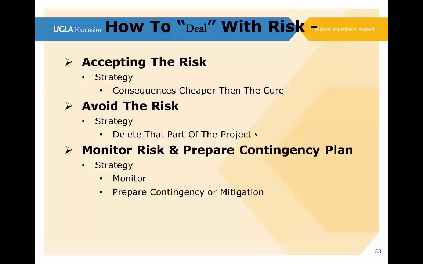We'll monitor it, and then we'll also prepare a contingency or mitigation. And the mitigation, whatever we might do, we might add some personnel to the project staff to do some monitoring or provide some service, which in a sense would mitigate and reduce the effective impact of that risk event.